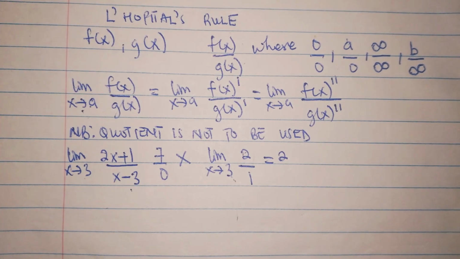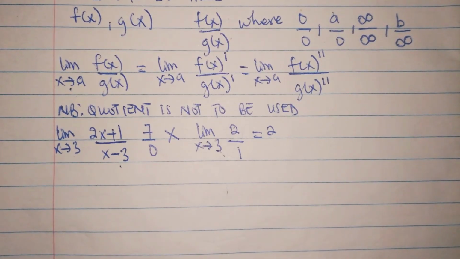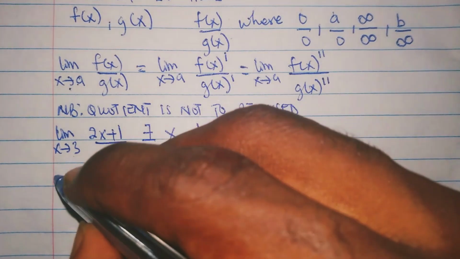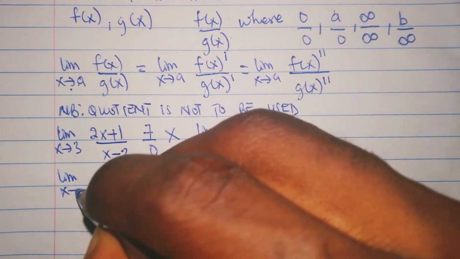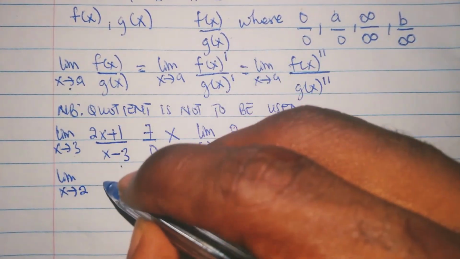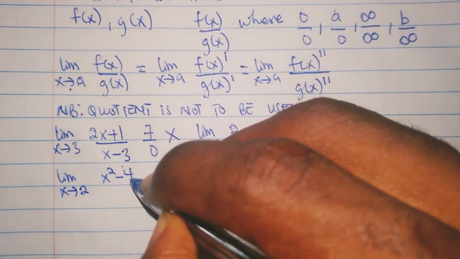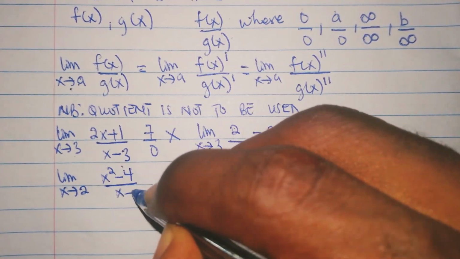Okay. Now let's take another condition. It's actually the same kind of question, but here we will have an x to substitute. So we have the limit as x approaches 2 of x squared minus 4 over x minus 2.